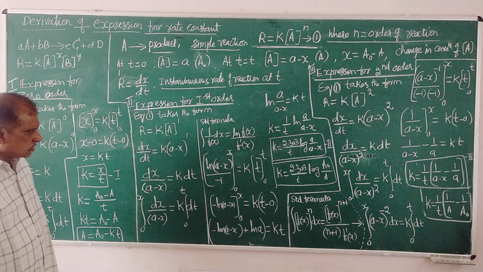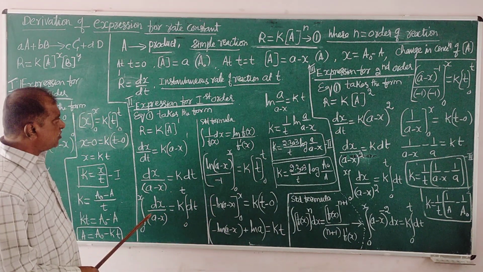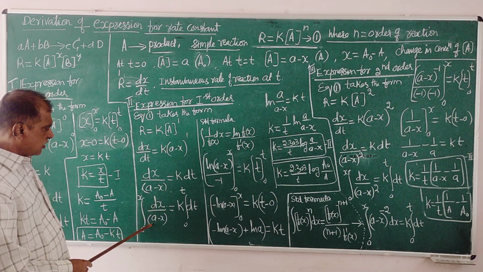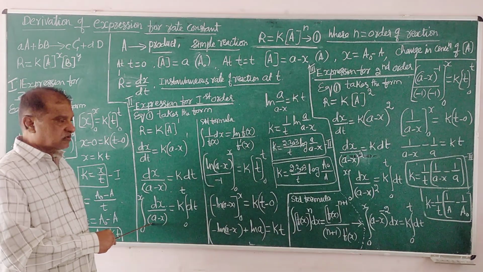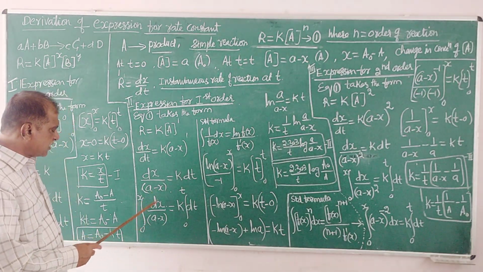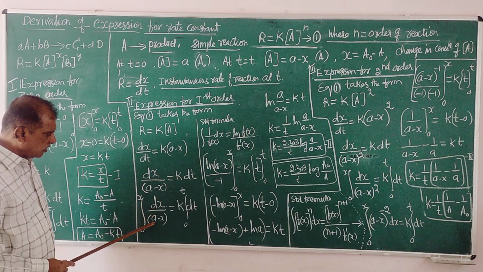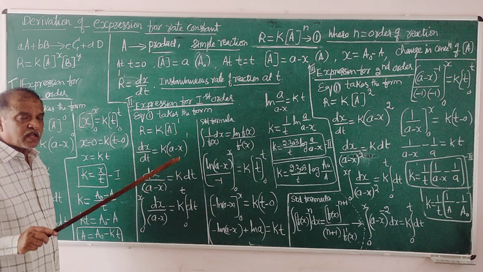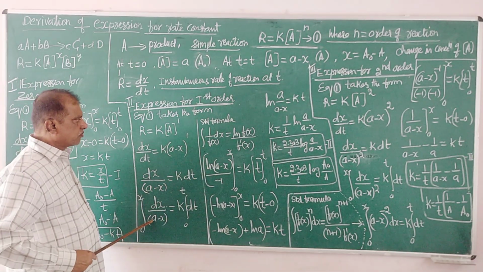Let us go for integration of this function. There is a function here. Look at the function. There are standard integral formulas for different functions. First see what is the type of function. That is 1 by a minus x. a minus x is, of course, an algebraic function. a minus x is a function of x, f(x).